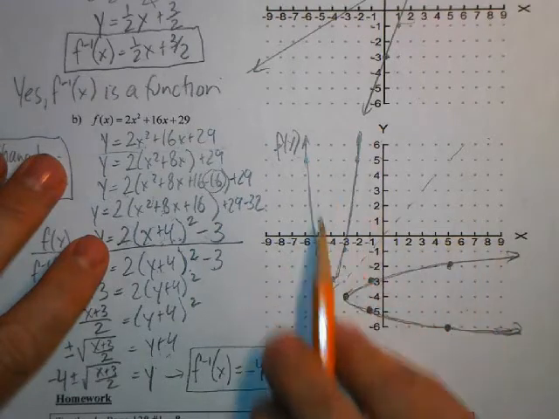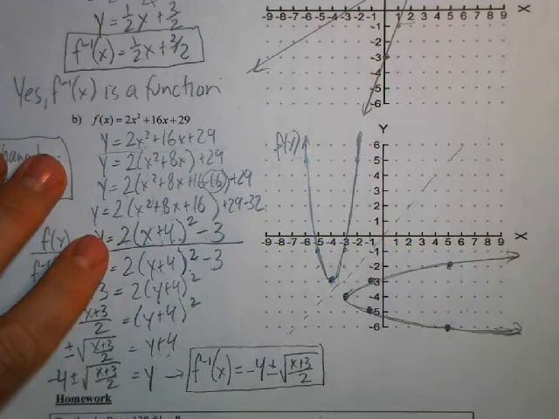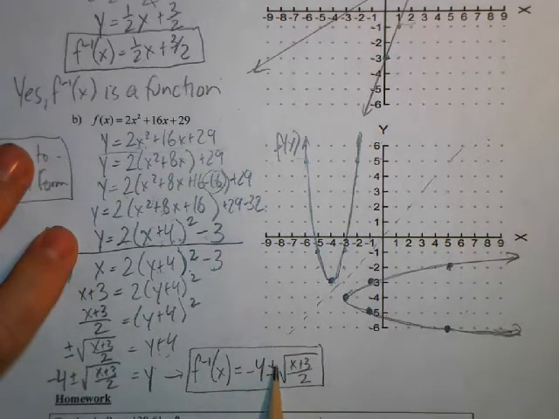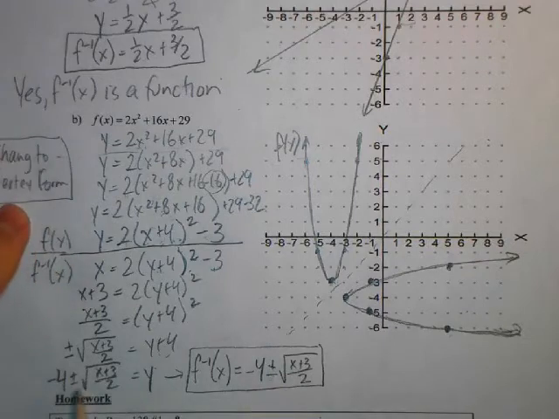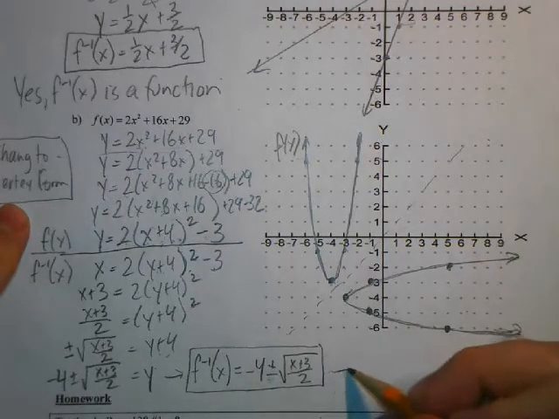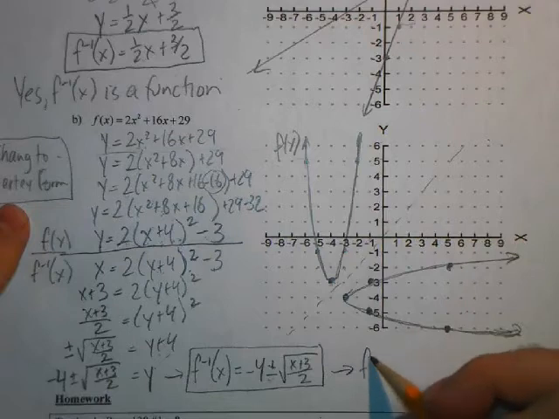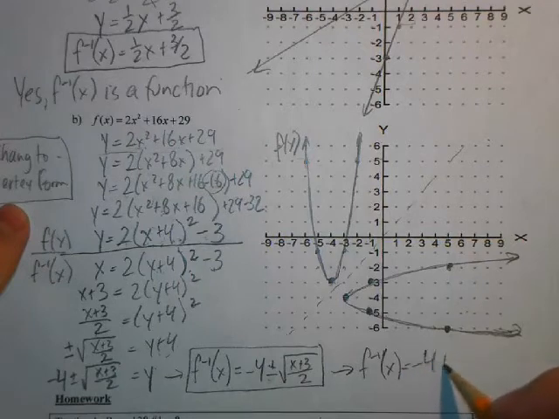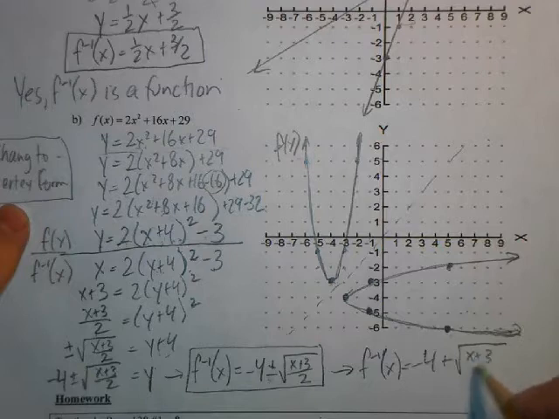But what we do sometimes with the inverse of a quadratic function is this plus or minus that I talked about here. If I just chose one of those, for example, if I just chose the plus, so if I change this to f inverse of x equals -4 plus, and then the same thing here, the square root of (x plus 3) over 2.